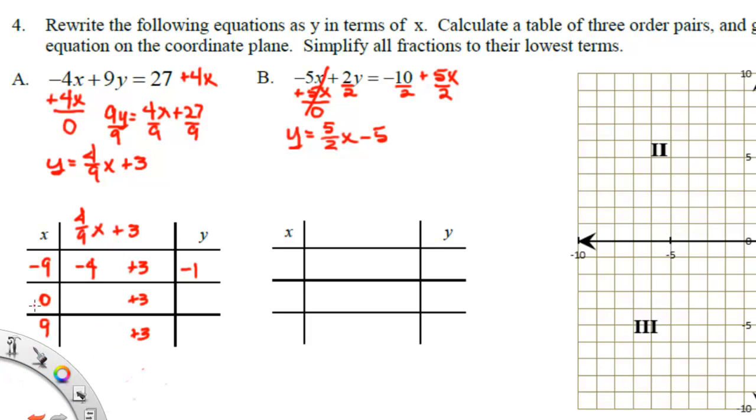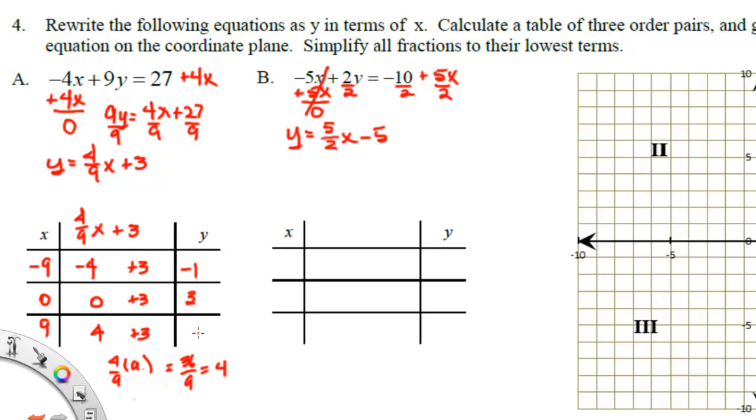All right, so we got 0. 0 is easy, right? Because I put 0 in here. 0 times anything is 0, so 0 plus 3 is 3. Now let's do the positive 9. I've got 4 over 9 times 9. So 4 times 9 is 36. 36 over 9 is a positive 4.